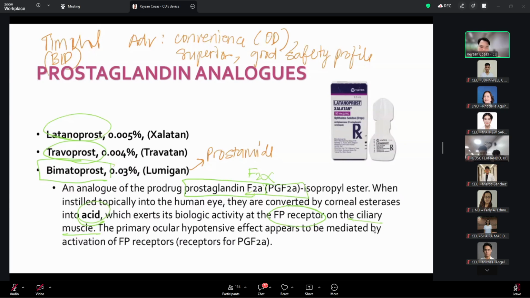So pwede mo silang i-administer anytime, kunwari gabi, binigay mo siya gabi, until umaga na siya magta-take effect. Okay, clear? So that's the advantage of the latanoprost and the other prostaglandin analogs. That's why they are considered now as one of the first line agents.